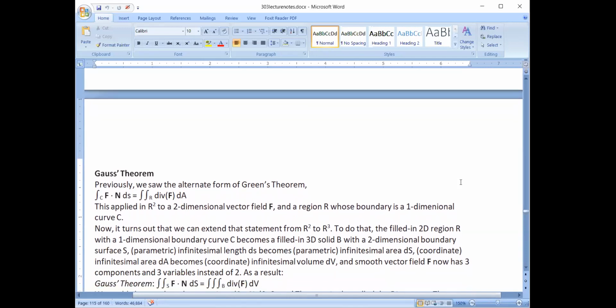As a result, just by kicking it up a dimension, we get this thing called Gauss's theorem, and it looks like this. The double integral over the surface of vector field F dot unit normal n dS equals the triple integral over B, our three-dimensional solid, of the divergence of F dV.